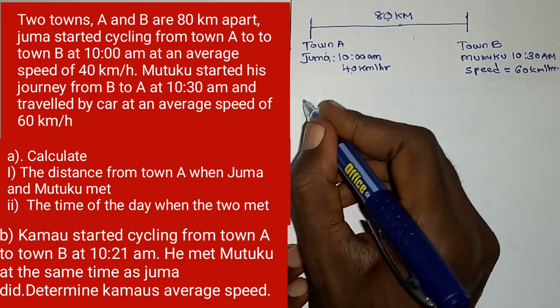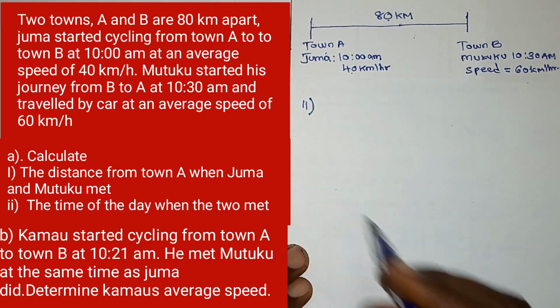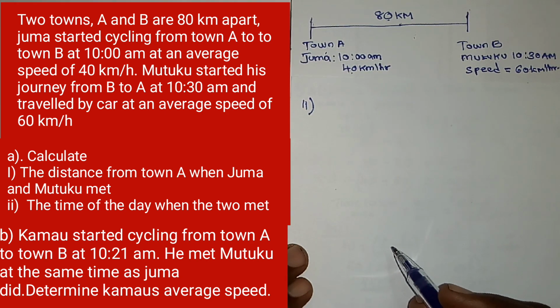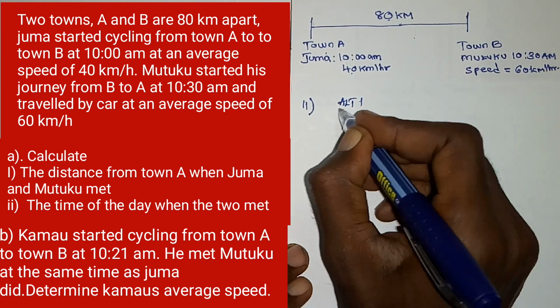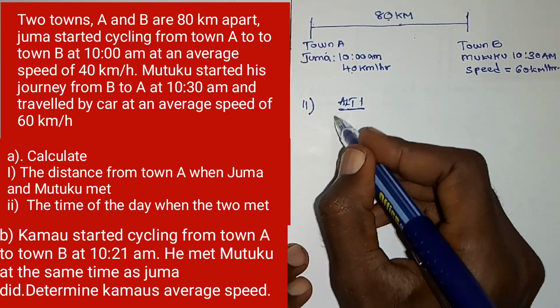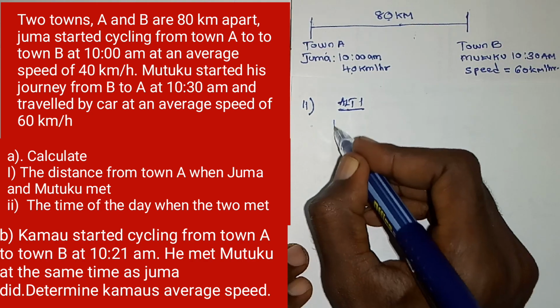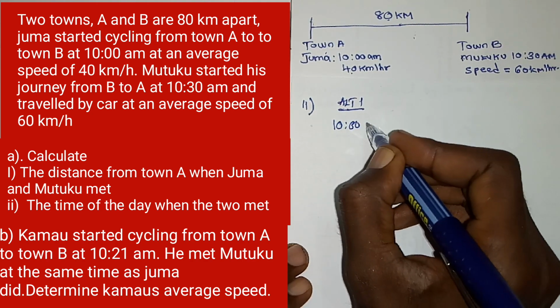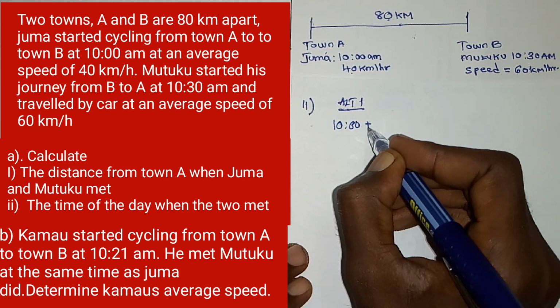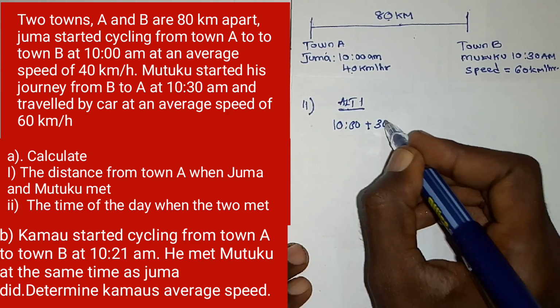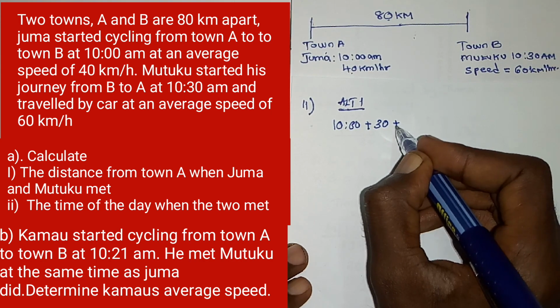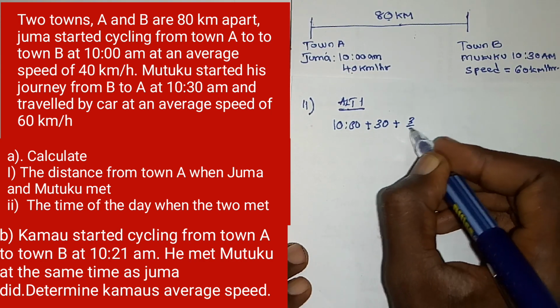Let us go now to Roman 2, which says, calculate the time of the day when Juma and Mutuko meet. Alternative 1: the exact time when Juma started the journey is 10 a.m., plus the time Juma covered before Mutuko started the journey, which is 30 minutes, plus the time taken to meet, which is 3/5 hours.